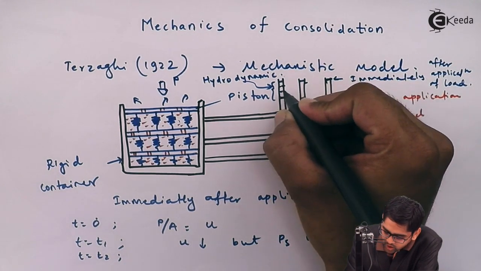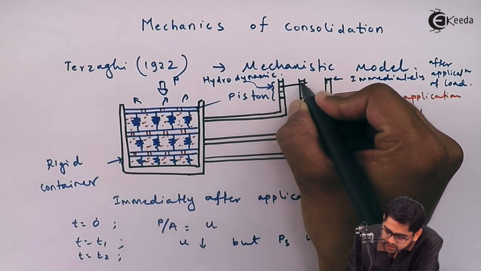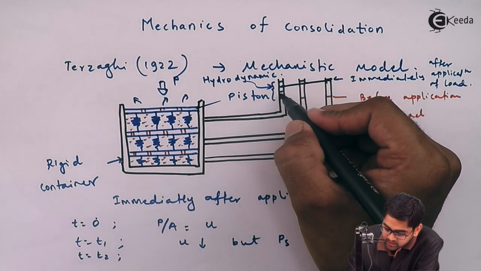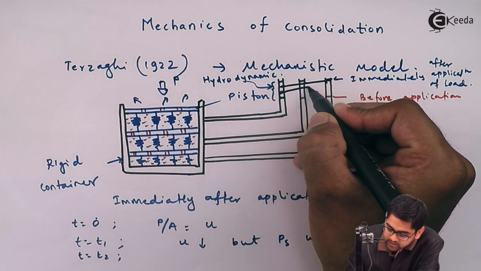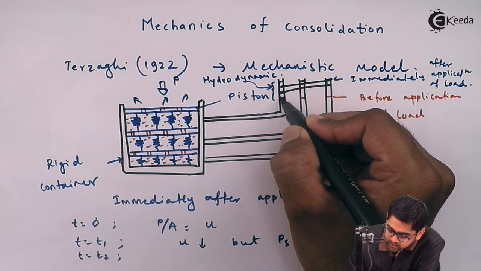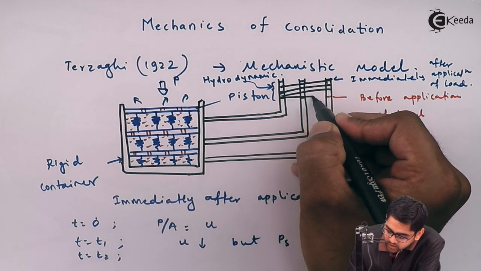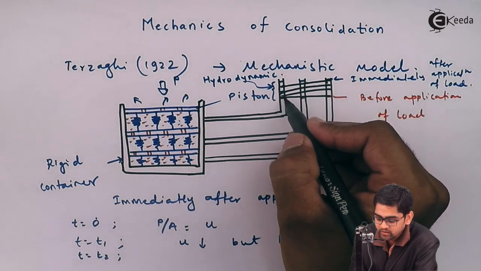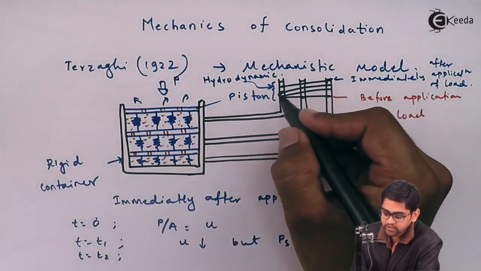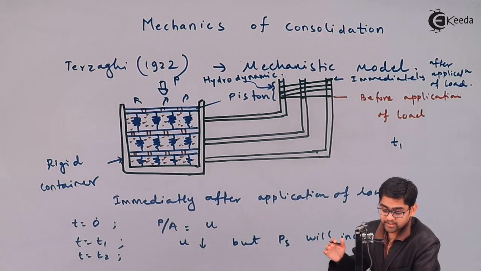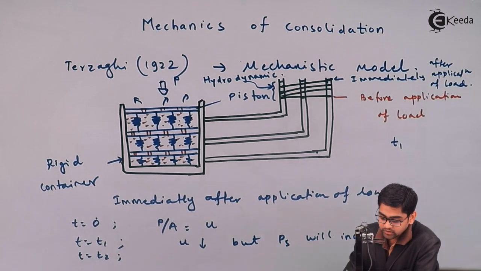So if I just draw the curve joining these particular levels, this curve is for time equal to t1. This particular curve is for time equal to t2. This particular curve corresponds to time equal to t3. So if I draw a series of curves, finally we get this particular curve, which joins the pore water pressure at the different compartments.